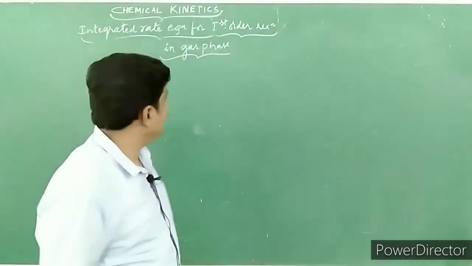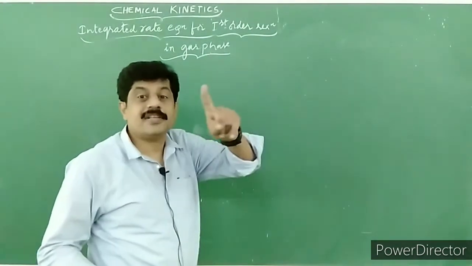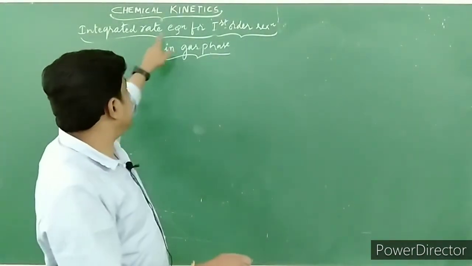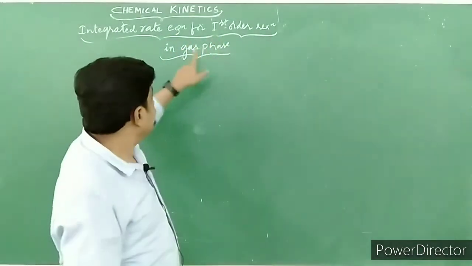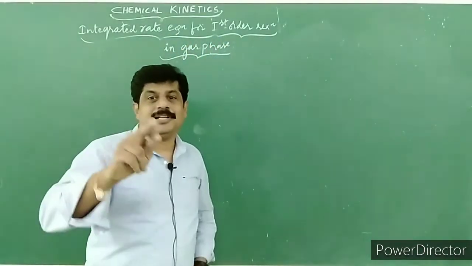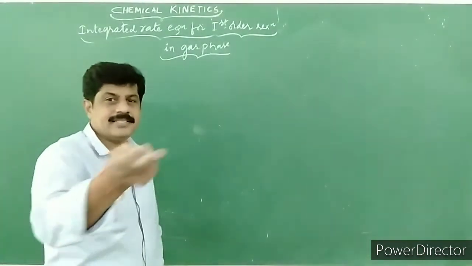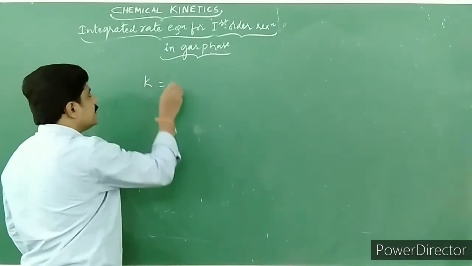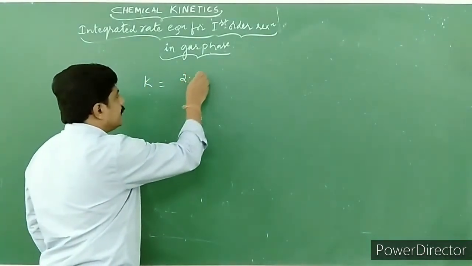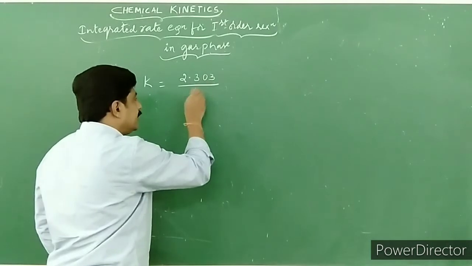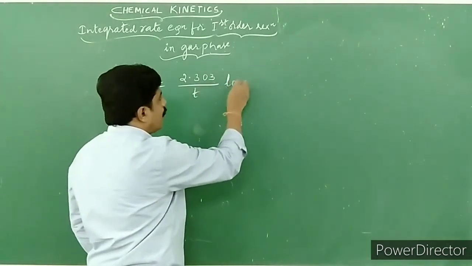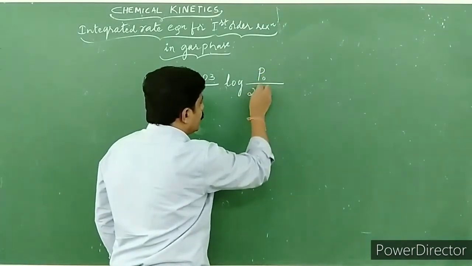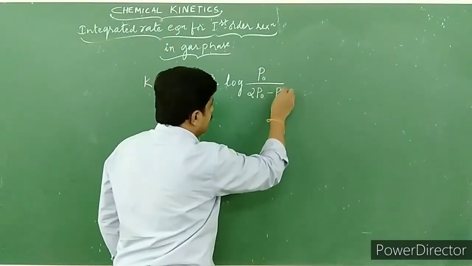Children, after understanding the integrated rate equation for first order reaction, now let me take up the same integrated rate equation for first order reaction in the gas phase. Children, I'm not going to derive this expression, I'll just write the expression and explain it. Look at here, k is equal to 2.303 upon t into log of p naught upon 2p naught minus pt.